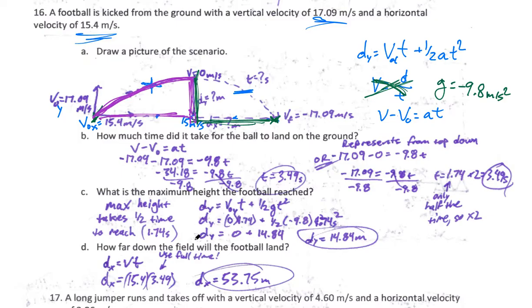Again, I'm using this formula because I'm dependent on my time from the maximum height based on gravity, and gravity acts in the up and down direction. The only other distance formula I have is that dx equals vt, but remember, this formula doesn't have gravity associated with it.